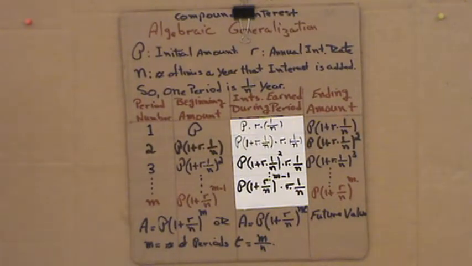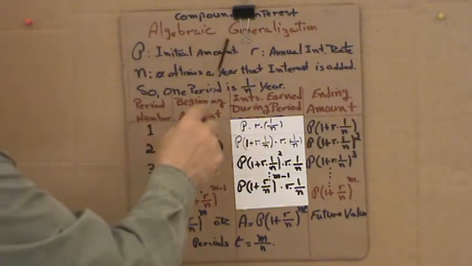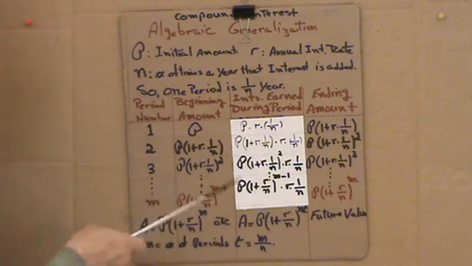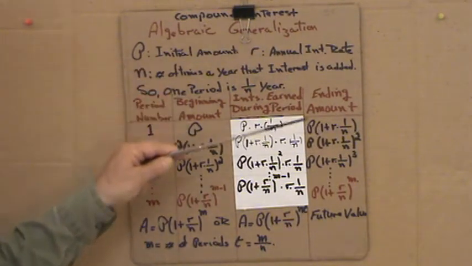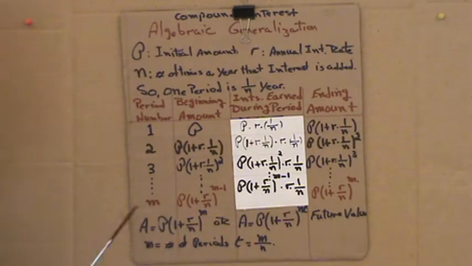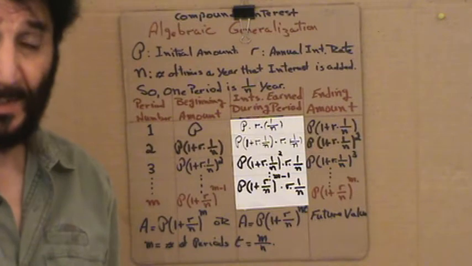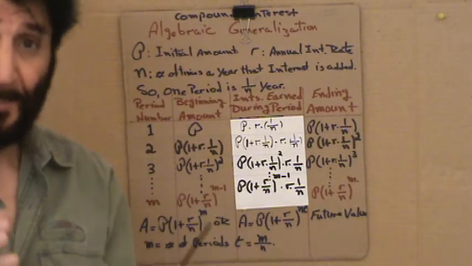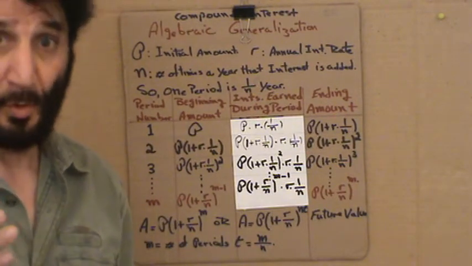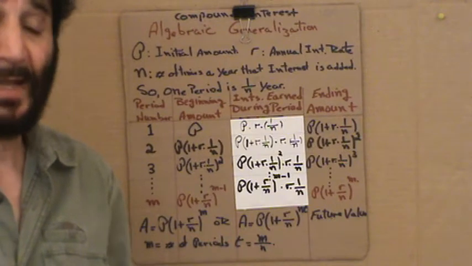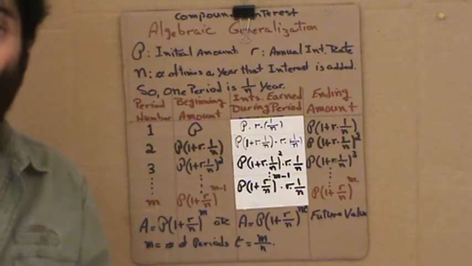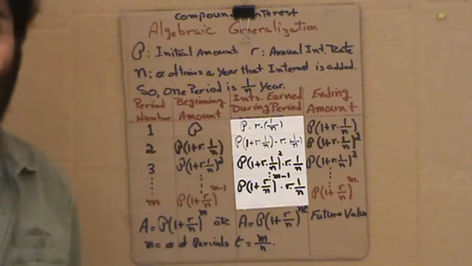Okay, now here is just algebraic generalization. I'm generalizing exactly the same thing, but I put it in the chart. You see that? Now, before I start, it's very important: mathematics is a science of observation, collecting data, organizing data, putting the data into a chart or table as we did, and then looking for a pattern.